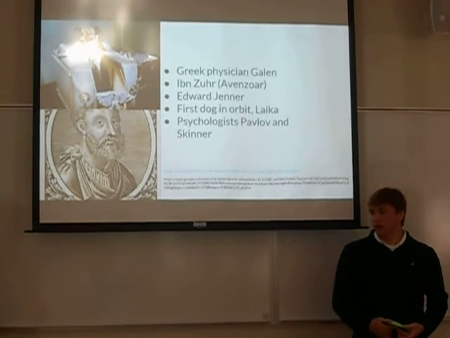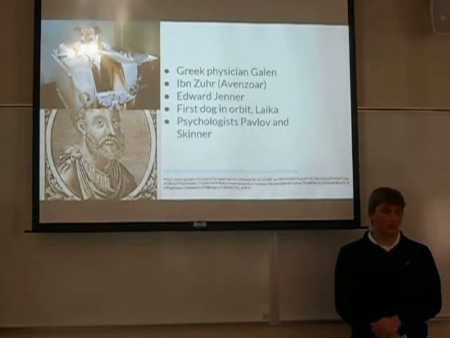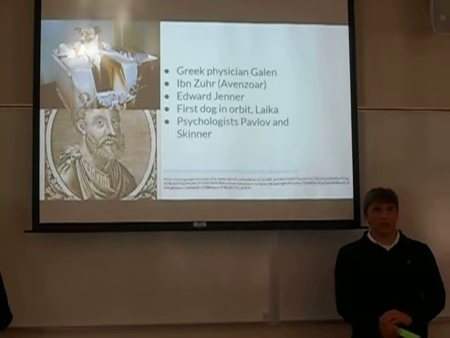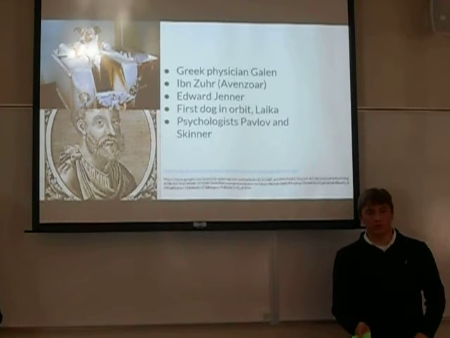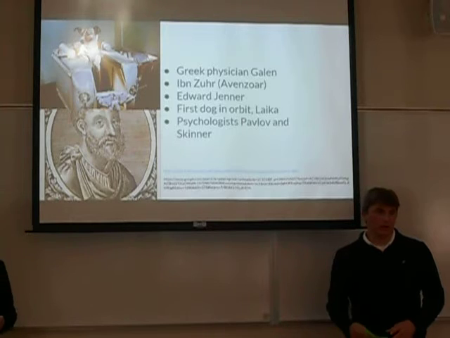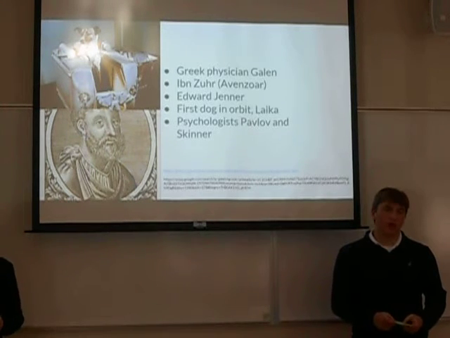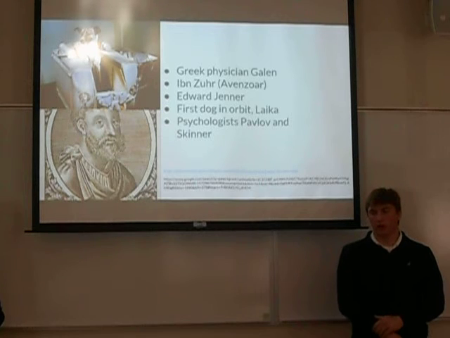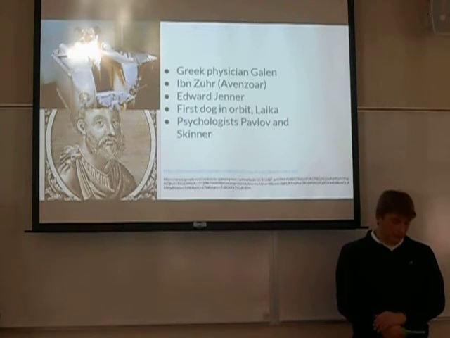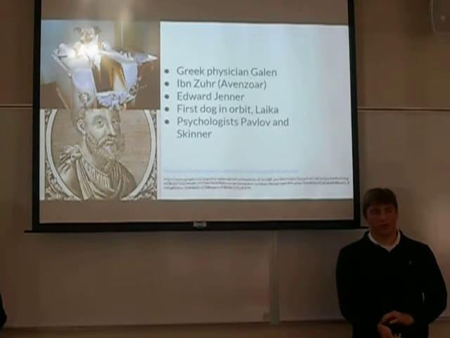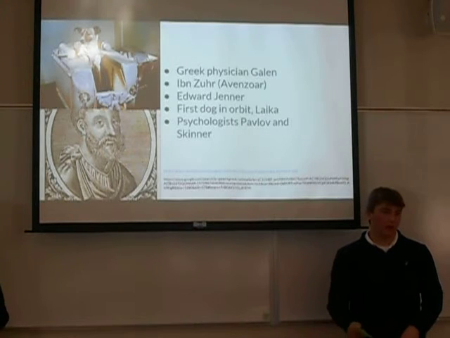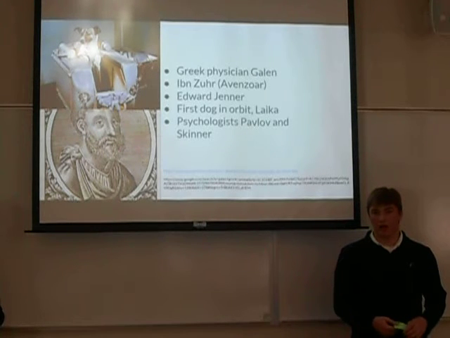Avenzoar used animal testing to practice procedures. He did it on animals before he did on humans, so he'd be able to perfect it. Edward Jenner used cow pus to find the cure for smallpox, and the Soviet Union used animals to determine how space would affect a living thing as they go up there.